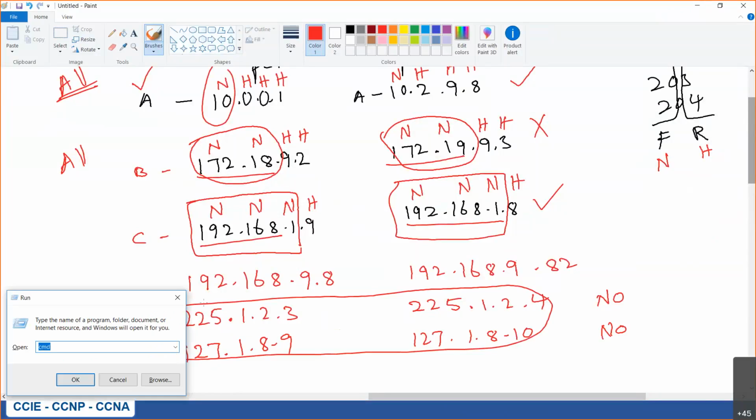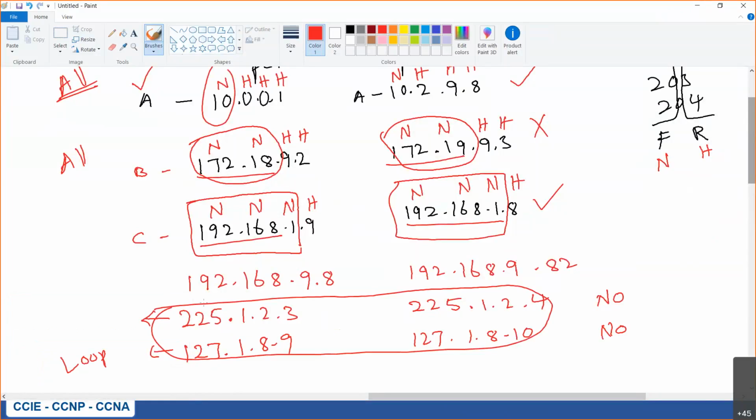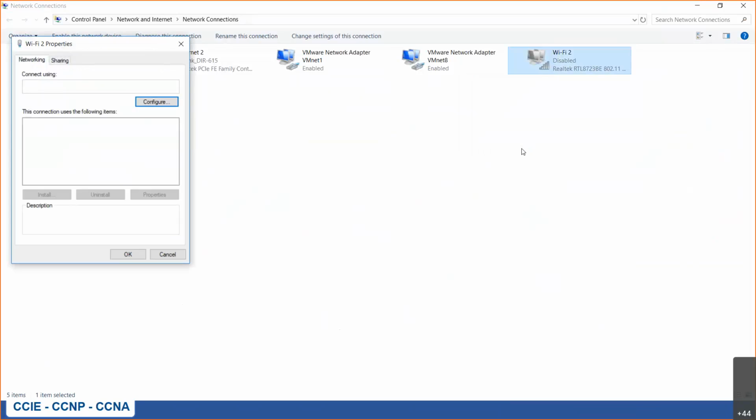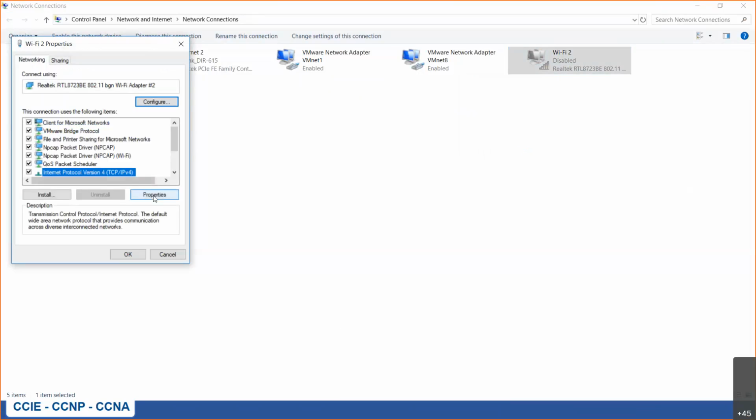Let me show you a small practical. See here, I'm trying to assign an IP address to my computer.